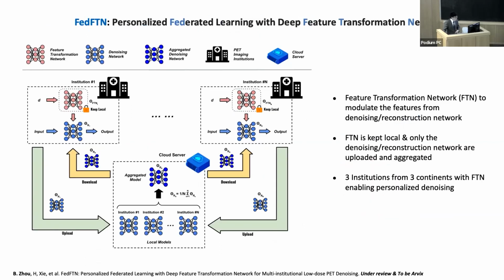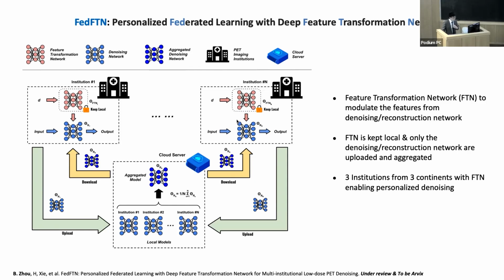So we propose federated FTN, a personalized federated learning strategy based on a feature transformation network. The general idea is that we can use a locally kept feature transformation network to modulate the denoising network.